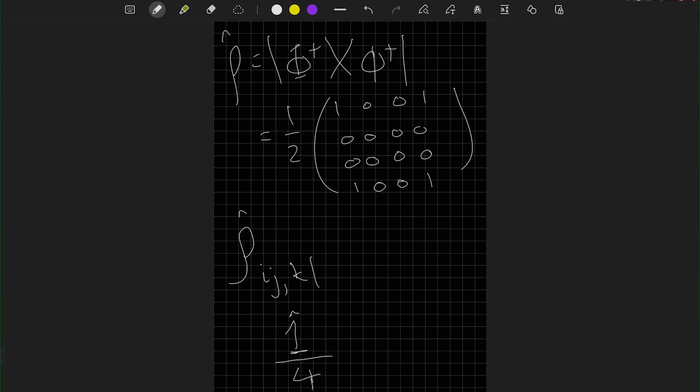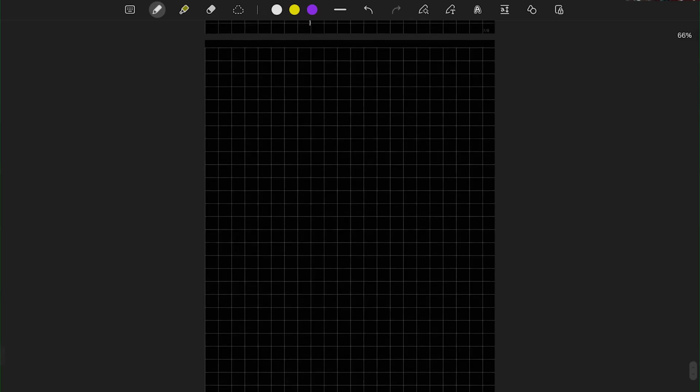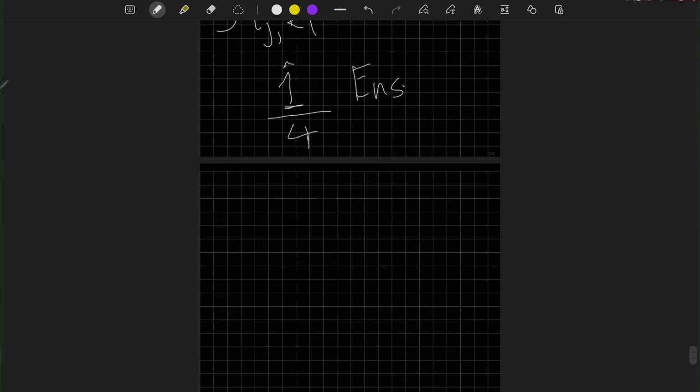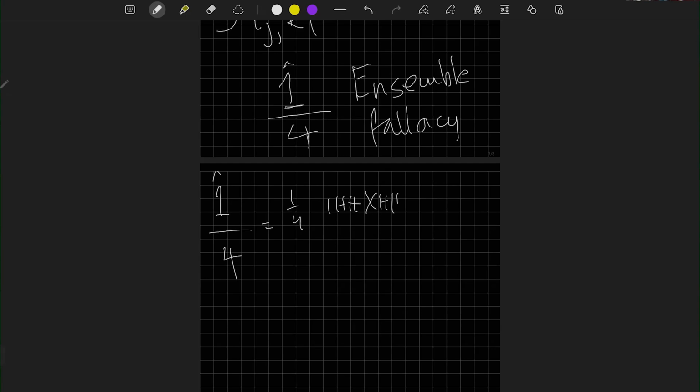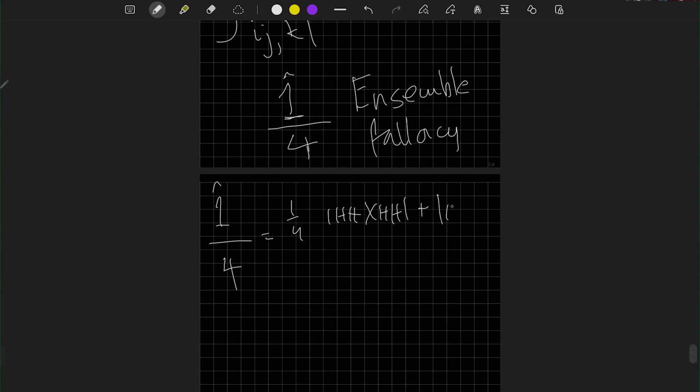But remember one important thing. There is what is called an ensemble fallacy. An ensemble fallacy really means, it's a philosophical argument, that if you have a totally random state, maximally mixed, it can be decomposed in an infinite variety of ways. For example, it can be decomposed as 1/4 of HH plus HV plus VH plus VV.